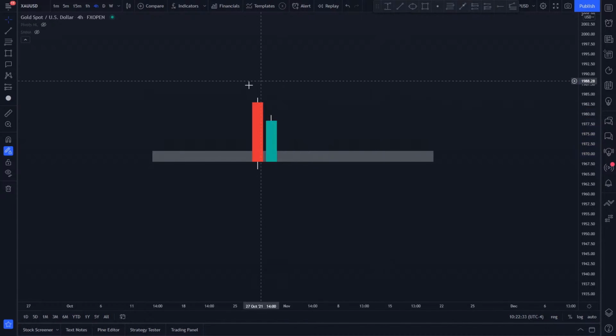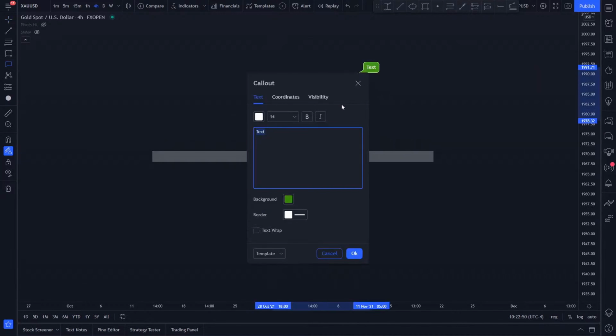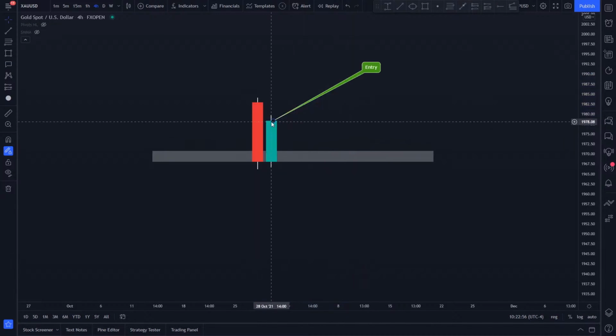So this is exactly what it will look like here, creating some sort of a wick. And this will be the inside. And this is where you want to look for the entry. So this will be the entry point. That's exactly where you want to look for the inside candlestick for a reversal.